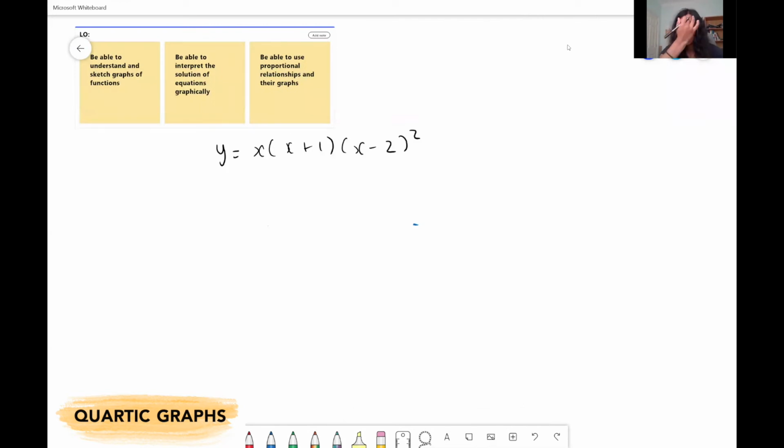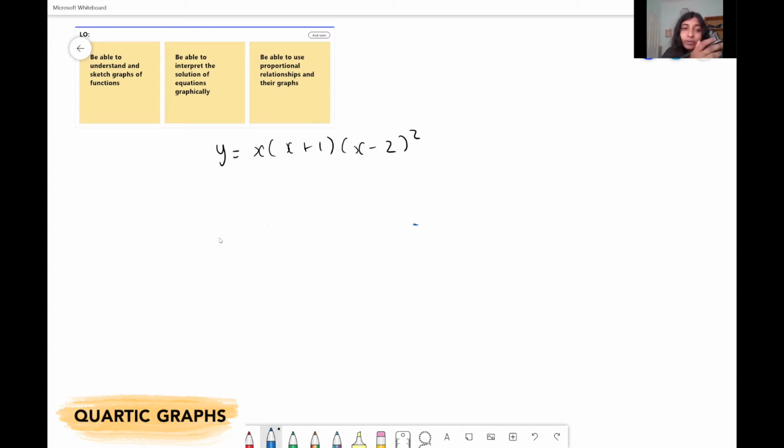So moving on to sketching a quartic graph, this is the highest power graph you would need to sketch. They would normally give this to you in the form that is already factorized. You don't really need to worry about factorizing it. But similarly to drawing a cubic or quadratic, you just need to find out where it would cross the y-axis and where it would cross the x-axis.